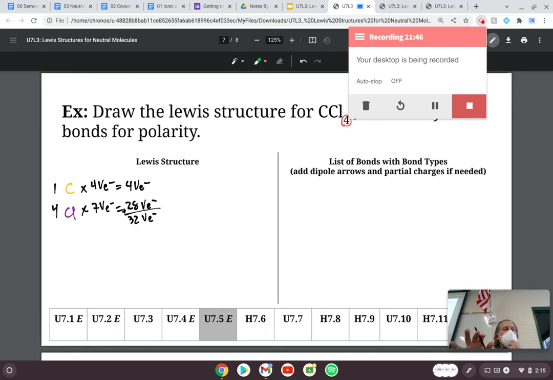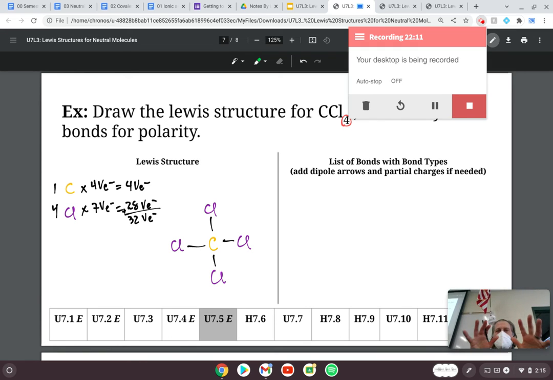My electron bank, I came up with 32 valence electrons total. There was one carbon, which has 4 valence electrons, and there were 4 chlorines, which have 7 valence electrons. 4 times 7 is 28. 28 and 4 is 32. Okay? Carry on.